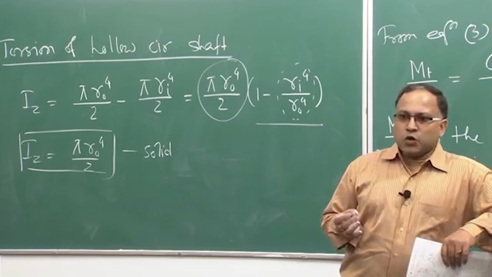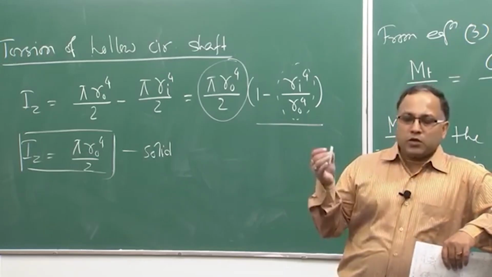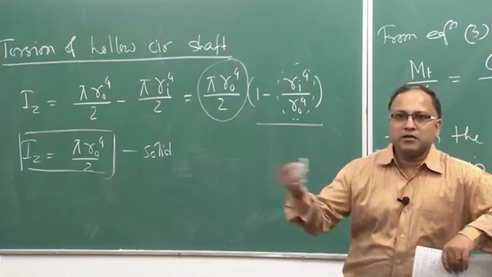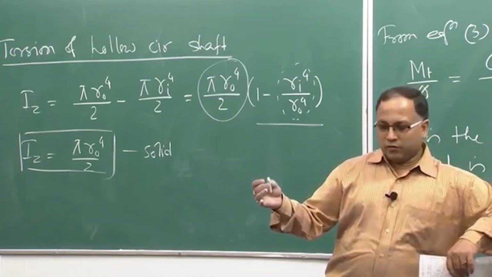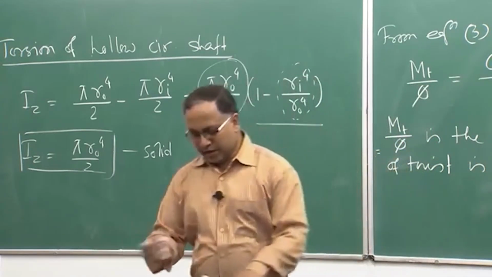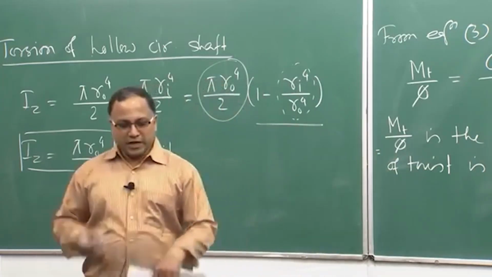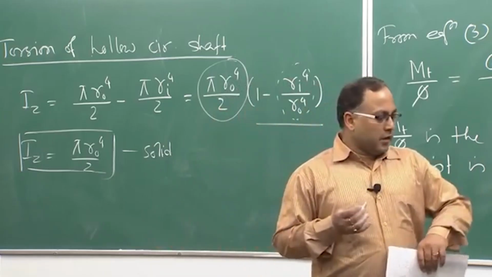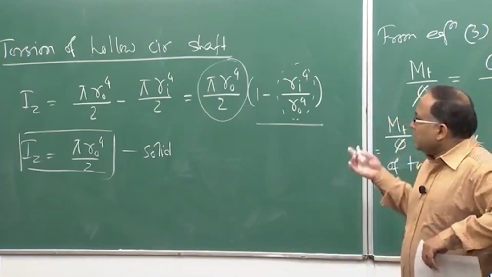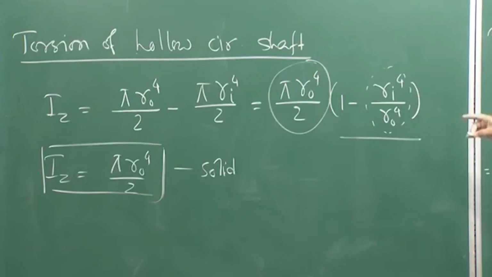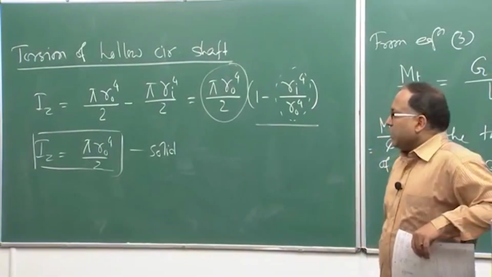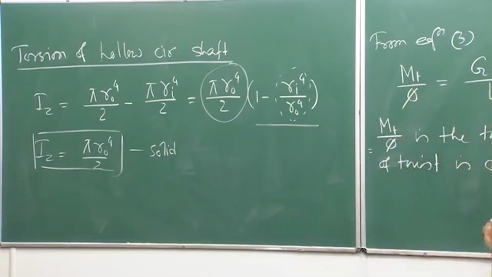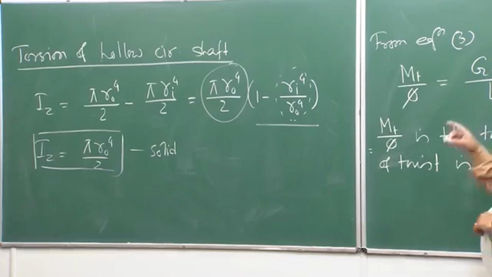Your idea should always be to use higher torsional stiffness, because for any material and any kind of shaft, higher torsional stiffness is always better. But you are not getting that here, because Iz for both cases is almost comparable. So you are not getting much enhancement in the torsional stiffness if you use a hollow circular shaft.